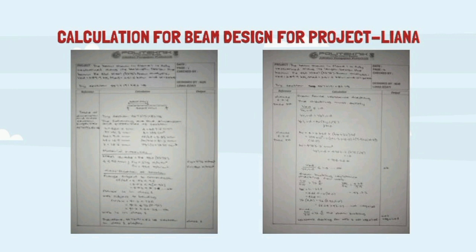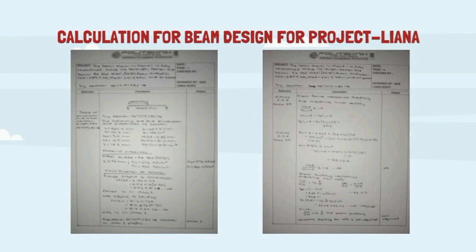Page 2 for beam calculations. Based on clause 6.2.6, page 50, shear force resistance checking. The checking must satisfy VED divided by VCRD less than 1.0.